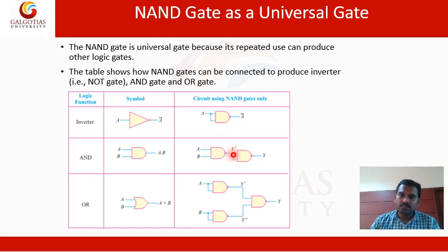The output is Y dash, that is A dot B whole bar, and if the input of the second NAND gate is the output of the first NAND gate, then we will again get Y, which is the complement of the complement of Y. So we will get Y, which is nothing but the output of the AND gate. So we can derive the AND gate by using two NAND gates.